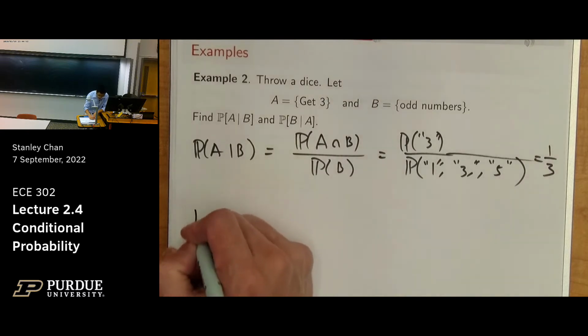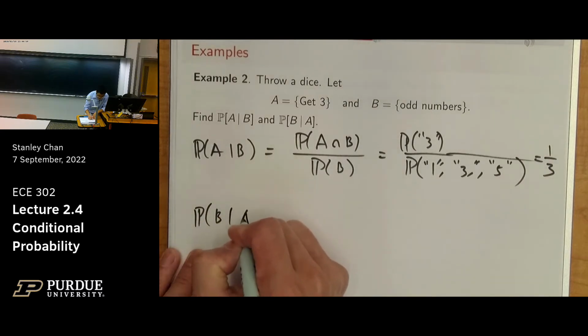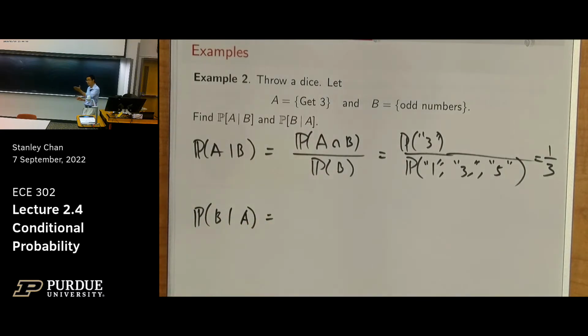How about the probability of B given A? So it is 1. Do you agree? Yeah, 1. Let's again not do any calculation by the formula.